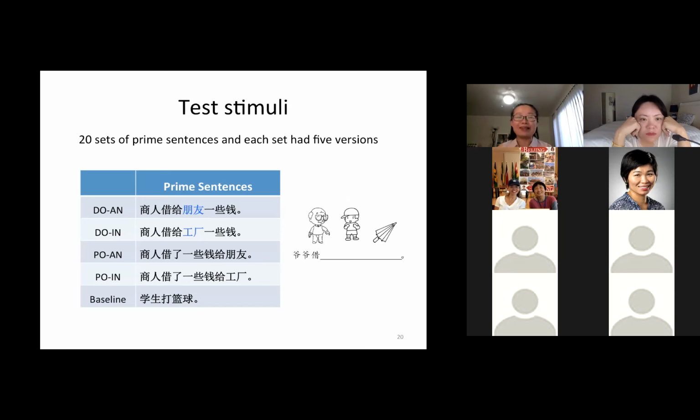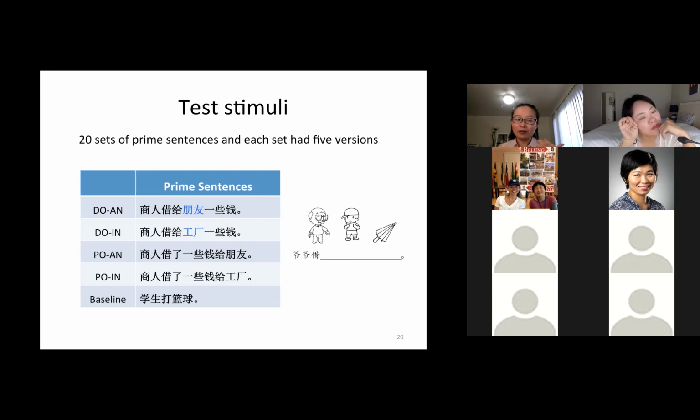As I said, the prime sentences are very important. So there are 5 conditions. You can see DO, PO, and baseline. That means before they see this picture, they see the sentence first. They repeat the sentence and then complete the sentence beneath the picture.